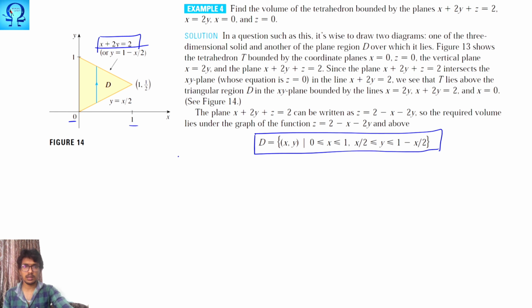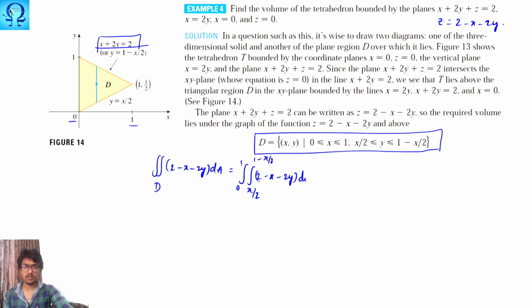So your integral over d, from x plus 2y plus z equal to 2, you'll have to deduce what is z, right? So from this your z is 2 minus x minus 2y. So integral 2 minus x minus 2y dA is going to be integral 0 to 1, integral half times of x to 1 minus half x, of 2 minus x minus 2y.